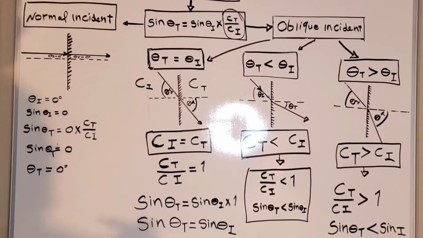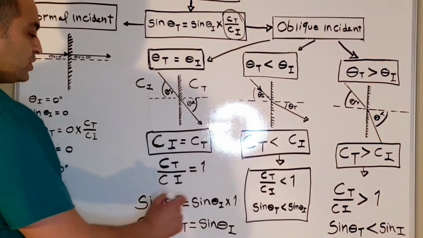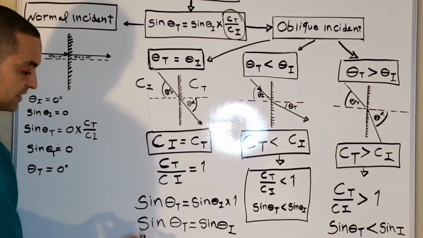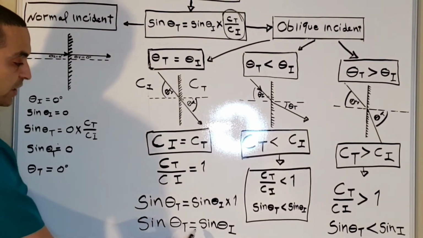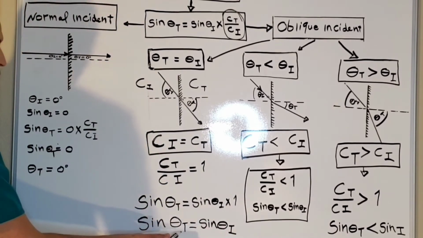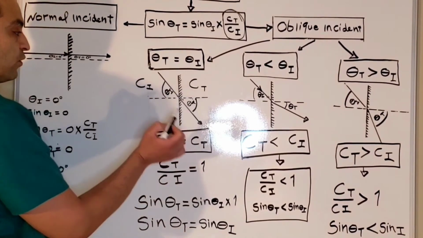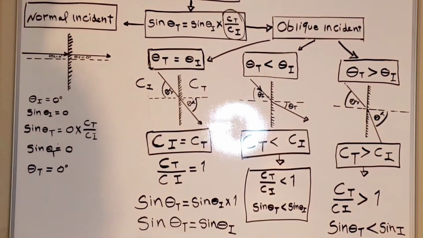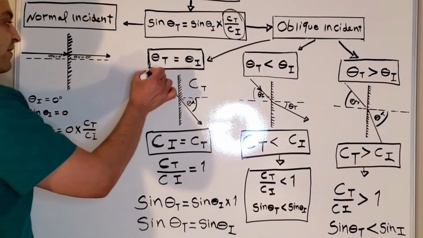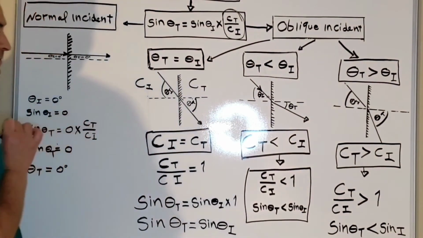When we multiply any number by 1, the result will equal the same original value. So that means that sine theta t will equal sine theta I, and that means that theta t, which is the angle of transmission, will equal theta I, which is the angle of the incident, and that means that there is no refraction happening, and the sound beam will go straight like that.